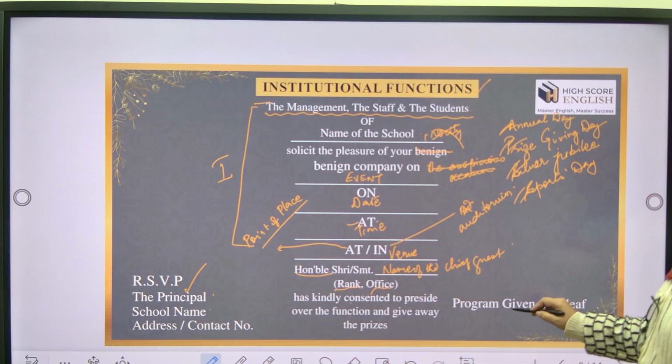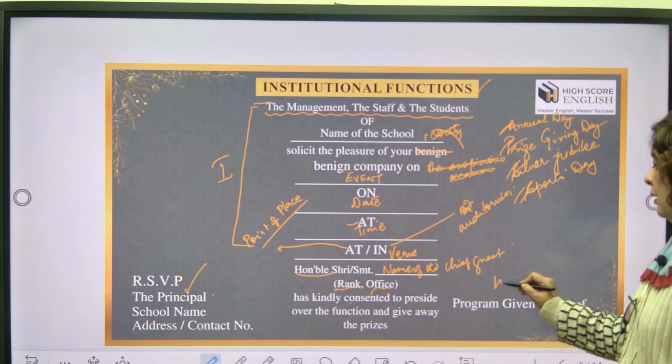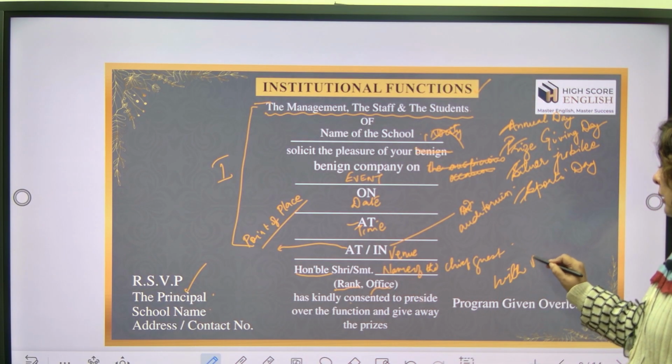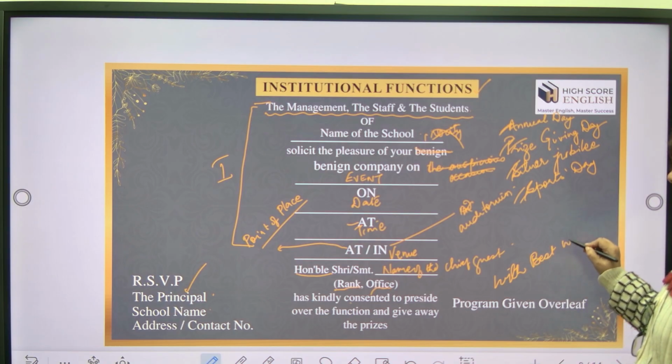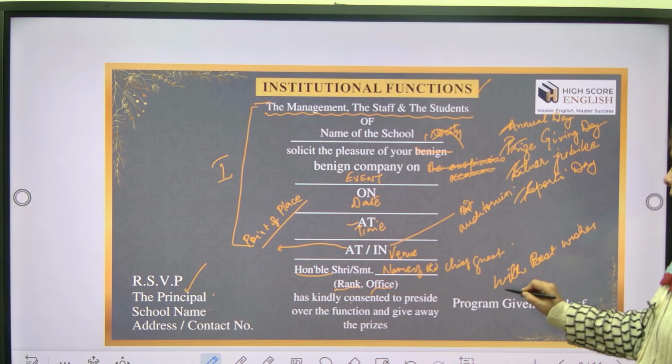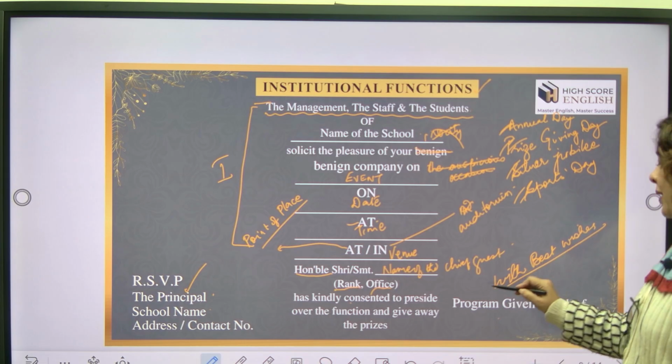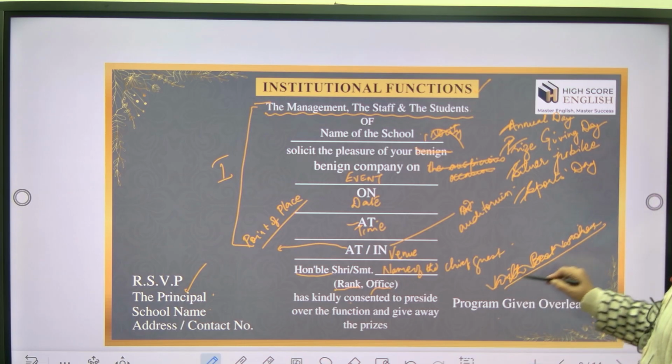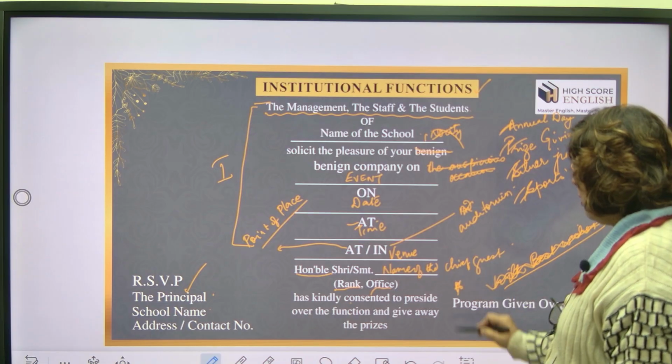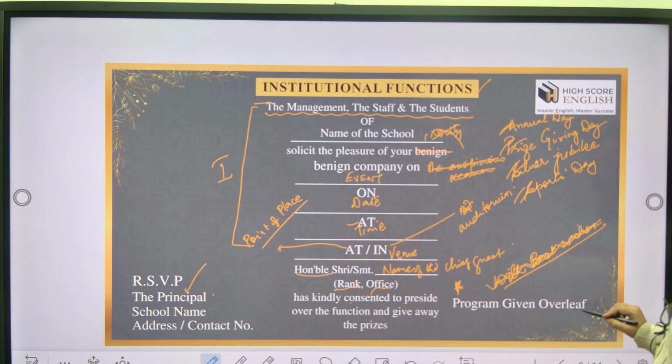Another thing you have to keep in mind: on the right hand side, in all the other invitations we had written "with best wishes". But in this we do not write "with best wishes" at all. Instead, we make a small star and we write "program given overleaf".